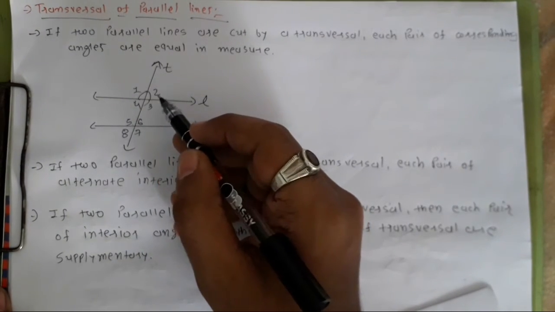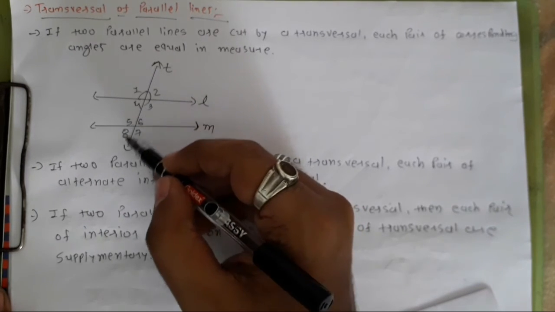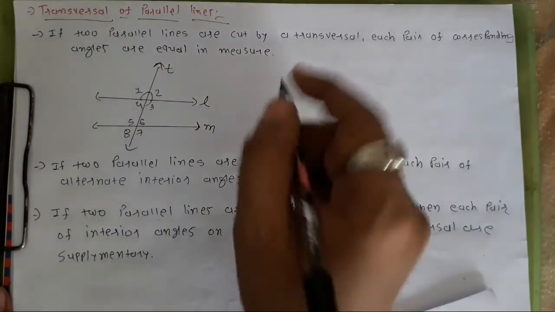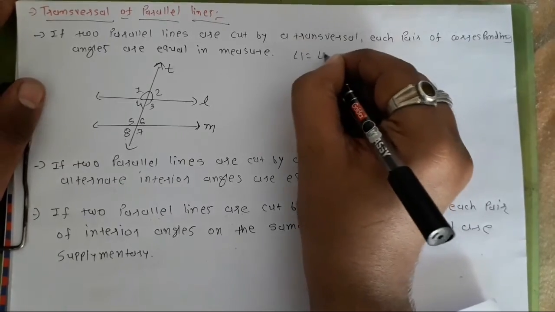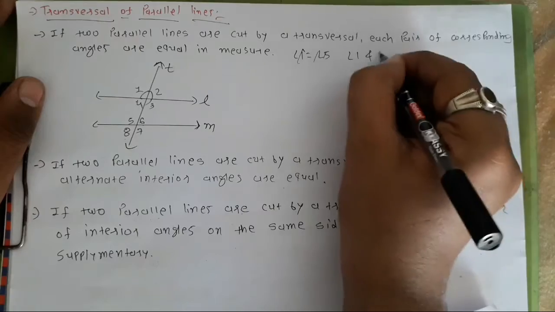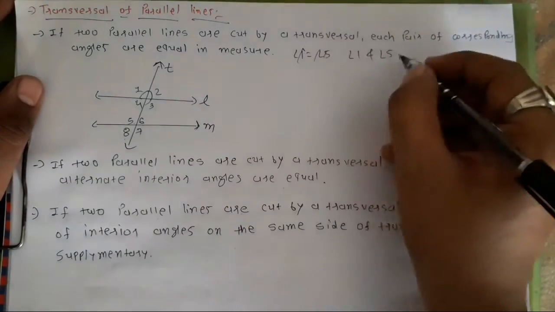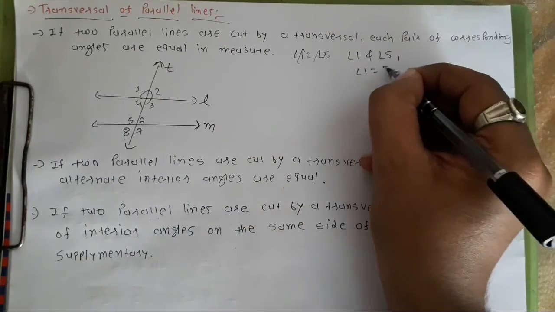Here for 2 the corresponding angle is 6, for 4 it is 8, and another pair is 3 and 7. So here we may write that the pair of corresponding angles is equal. That means angle 1 is equal to angle 5, so the measurement of angle 1 will be equal to angle 5.